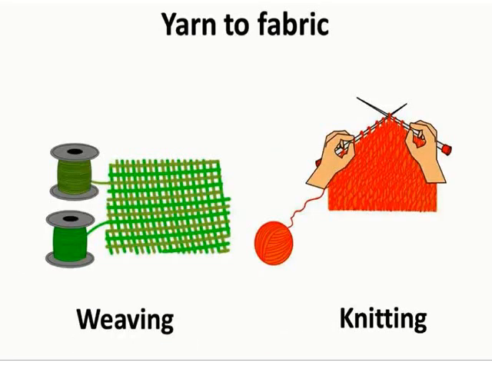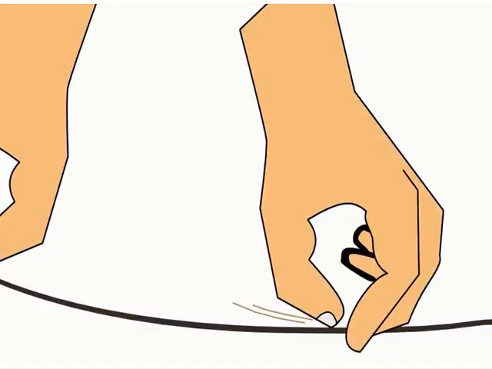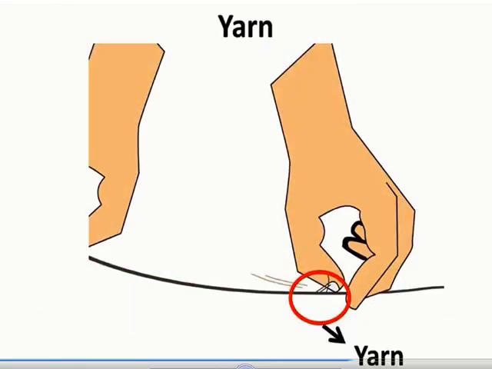So, we now see that a fabric was formed by weaving or knitting yarn. But how do we get the yarn? If we take a piece of yarn and take one end of it and then scratch at the other end, you will find that yarn splits out thin strands.